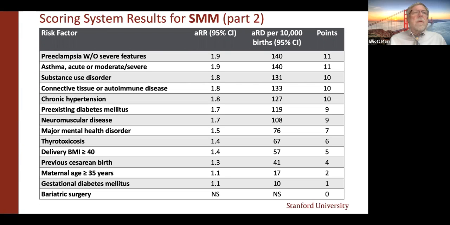What was sort of interesting is BMI of greater than 40 is 1.4, which is lower than you might expect. What that indicates is that the biggest risk for high BMI, obesity, or maternal age is actually the complications that you get that are often comorbid with it.